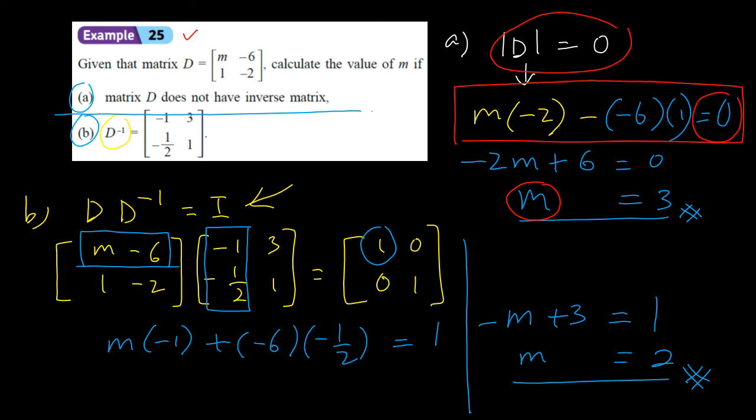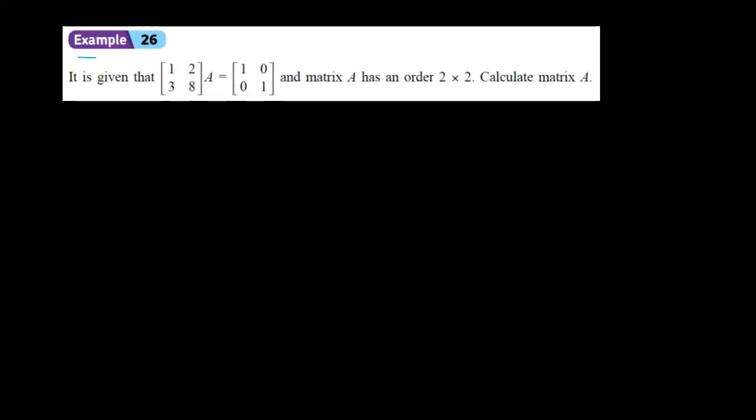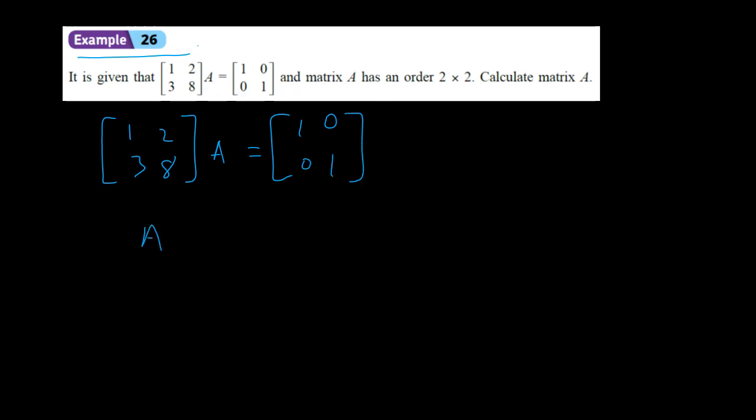Okay, 26. It is given that 1, 2, 3, 8 times A becomes 1, 0, 0, 1. That means your A is the inverse of this one. So you just find your inverse matrix.